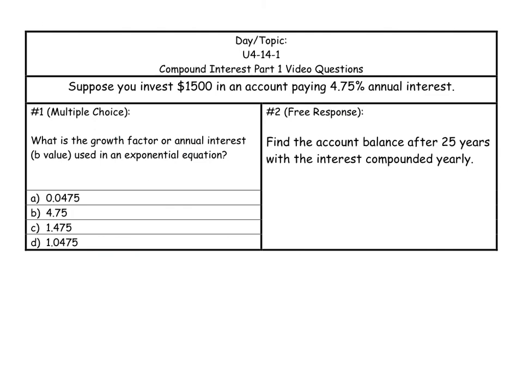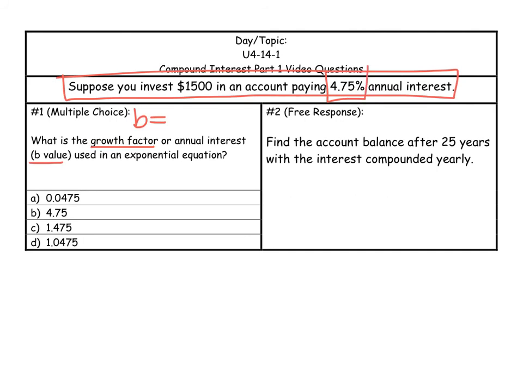Okay, so here are our video questions. Multiple choice number 1 is asking you, what is the growth factor, the b value, used in this exponential equation up here? If we had to calculate b, that's what it's asking. What is b equal to?